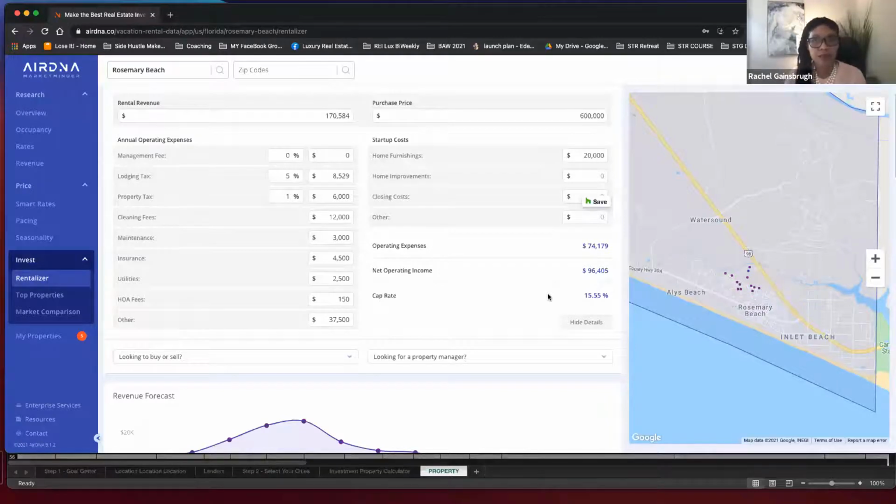And so a lot of times with rental property, a lot of people go by the 1% rule. If you're able to get 1% of your rent for a long-term rental, that is a good deal. For instance, if you purchase something for like $100,000, if you're getting $1,000 per month in rent, that's the 1% rule.